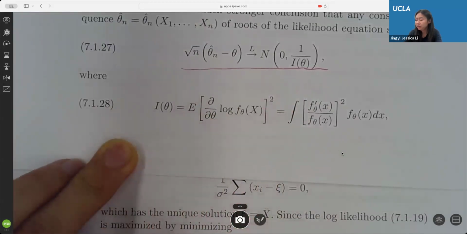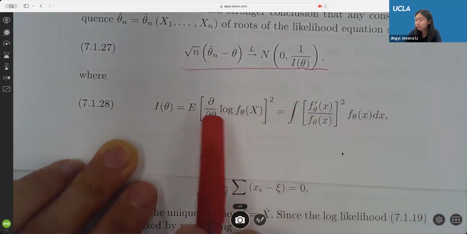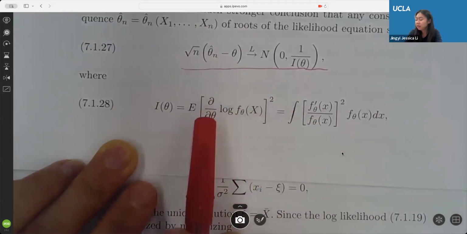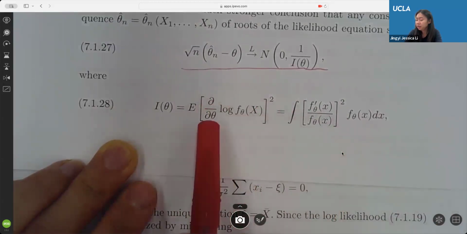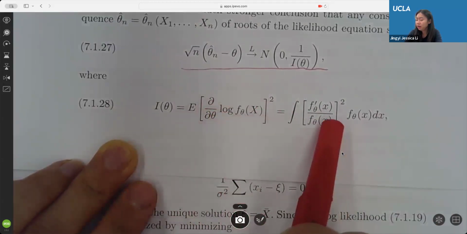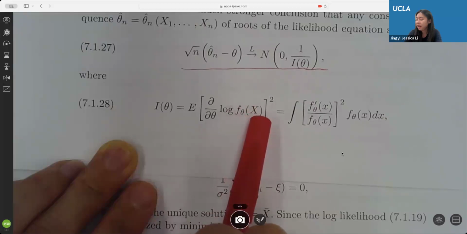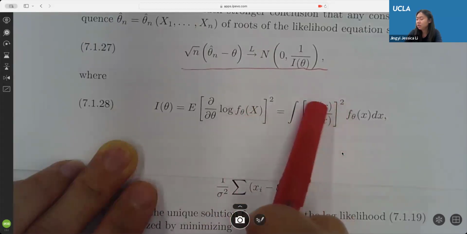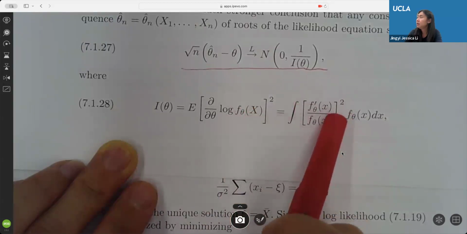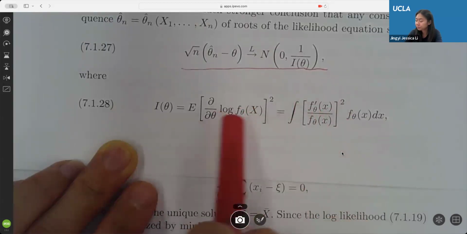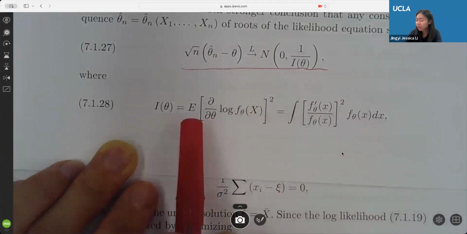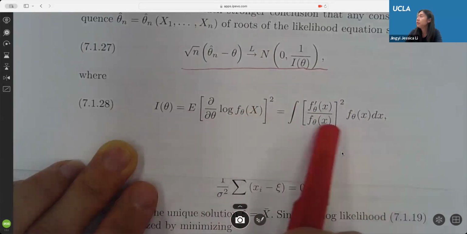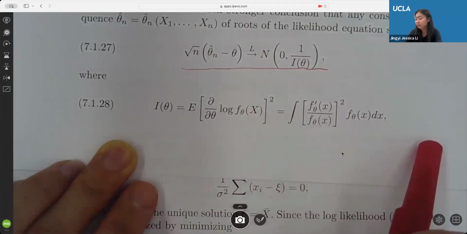So we are actually taking the derivative of the log likelihood instead of the likelihood. And because of the chain rule, this inside the expectation can become just 1 over f theta at x times f theta prime at x. So this is the derivative of the density itself, okay? And here we're just expressing this expectation in terms of an integral. So that's what we have.